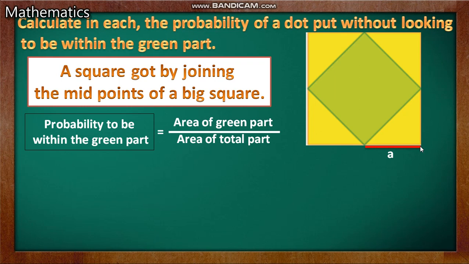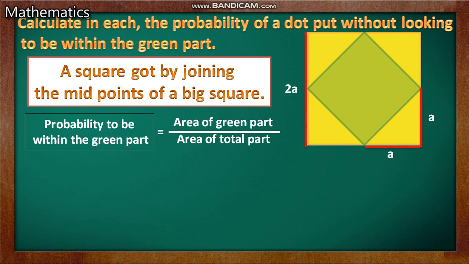Now this also will be A, because this point is the midpoint of the big square. Then what is the length of the big square? That will be 2A.